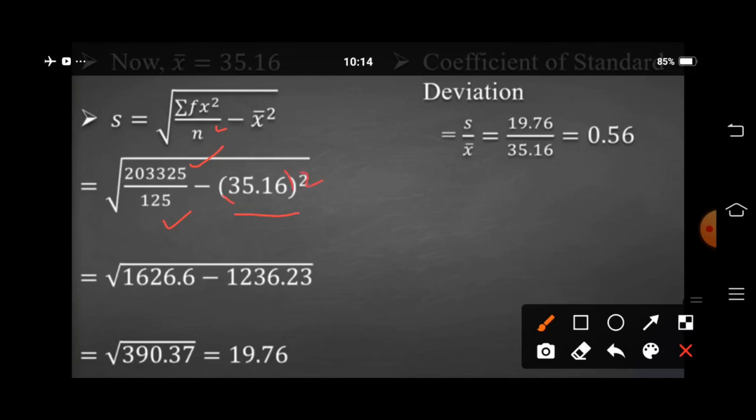Then if we divide, we will get 1626.6, square of 35.16 is 1236.23. Then if we deduct this, we are going to get 390.37. Under root of 390.37 would be 19.76.